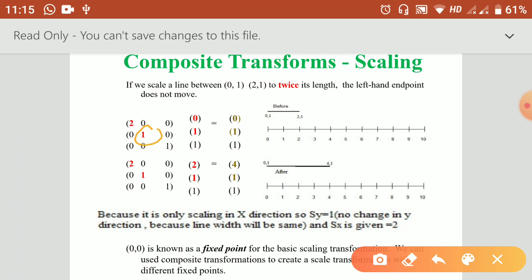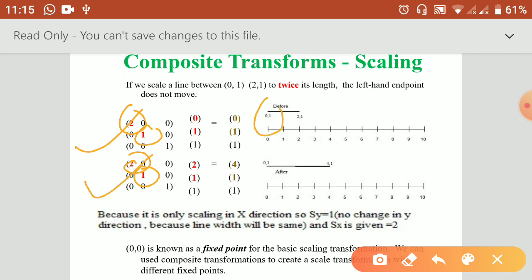That is why it is 1. The x length will be twice, so del x is 2. So del x is 2 here and del y is 1 here for both coordinates. We apply this for the first coordinate, and this for the second coordinate.